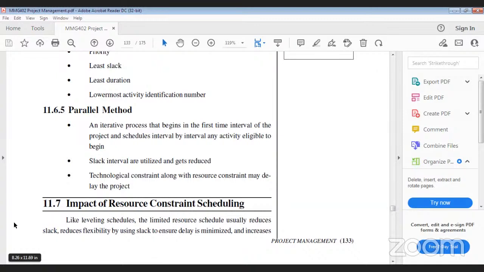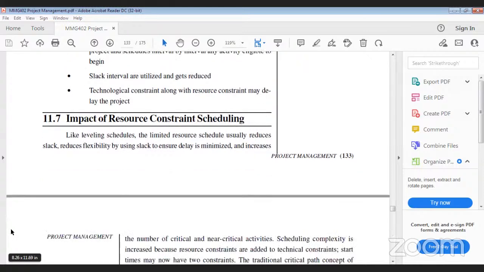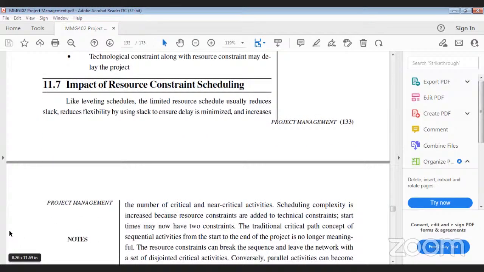What is the impact of resource constrained scheduling? Like leveling, resource constrained schedules usually reduce the slack, reduce the flexibility, ensure delay, minimize, and also increase the number of critical and near critical activities.